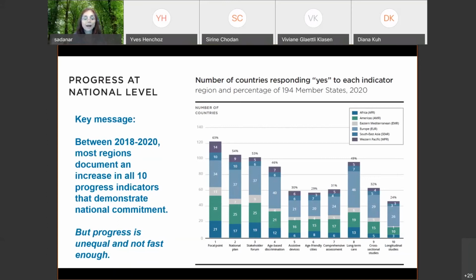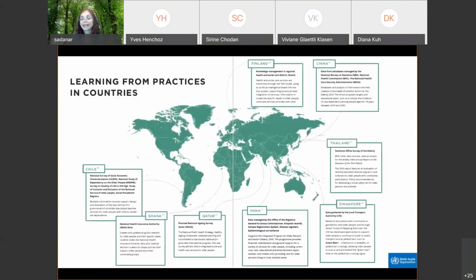And one of the things that we did to advance that and get some insights is we had an in-depth case study with our regional offices and our country offices. We selected 8 countries, 6 for each of our regions. And then we also included India and China, because we know about 1/3 of older adults around the world live in those 2 countries.